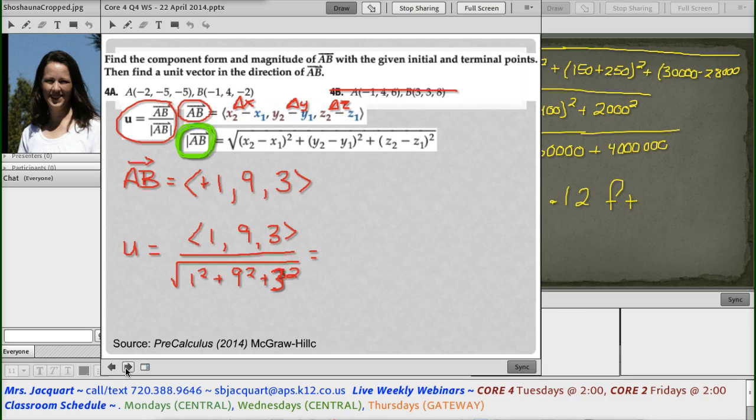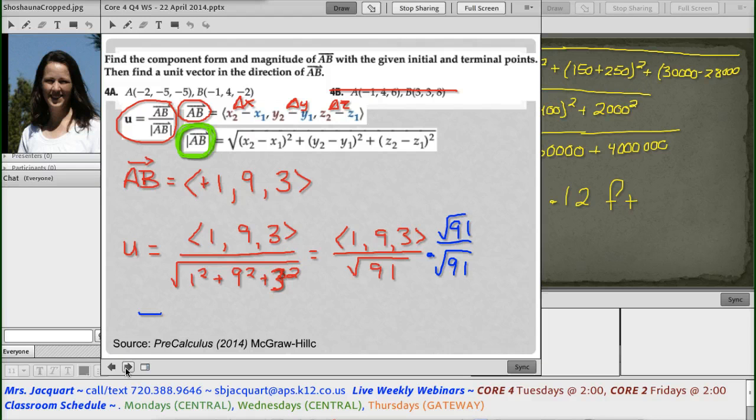So this is 1, 9, 3, all over the square root of 81, 82, 91. We don't like having irrational numbers in the denominator, so we're going to rationalize the denominator.